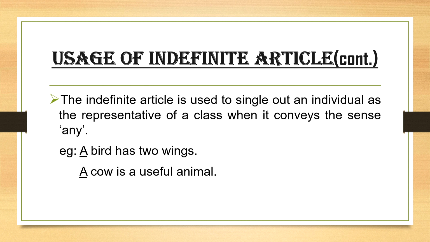A bird has 2 wings. In this sentence, the noun bird is singled out as the representative of the class birds. The sentence conveys the meaning that every bird has 2 wings. Next example, a cow is a useful animal, and so on.